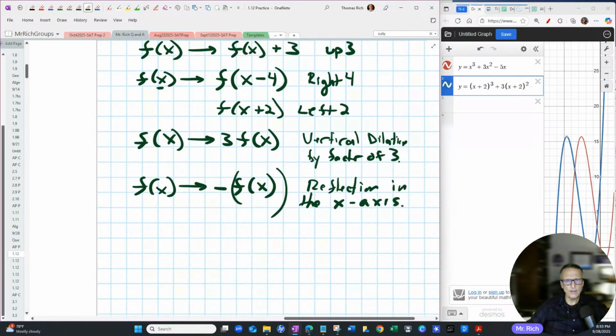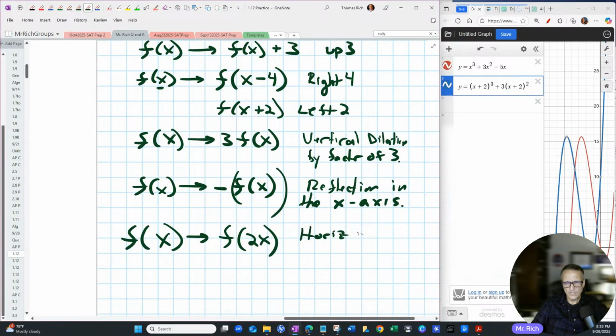Now, I'm going to give you 2 that we don't really emphasize in Algebra 2, but are going to be emphasized in AP Precalc. And that is when we do a horizontal dilation. So if I take f of x and in front of all of the x's, I put a 2, make it a 2x, that is a horizontal dilation, but not by a factor of 2, by a factor of 1/2.